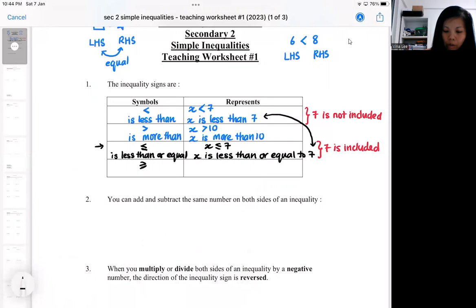Greater or equal is a combination of this and an equal sign. It represents the words is more than or equal. If I use the symbol like this, it will be x is more than or equal to 10.